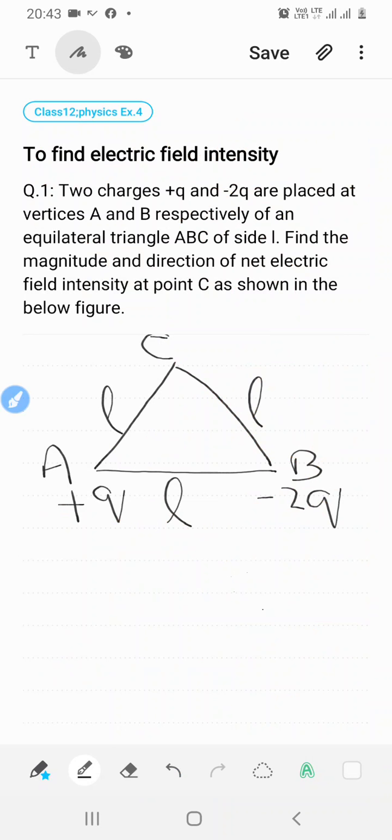Further, so we got vertical and horizontal components, but in terms of magnitudes ECA and ECB. Now question is, what is the magnitude of vector ECA?